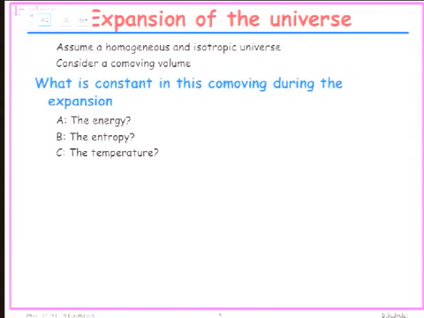But now, if I go to the x space, I divide out the expansion, and in the co-moving coordinate, this sphere has fixed radius. So now, what is constant in this co-moving sphere or volume, during expansion? The energy, the entropy, or the temperature.